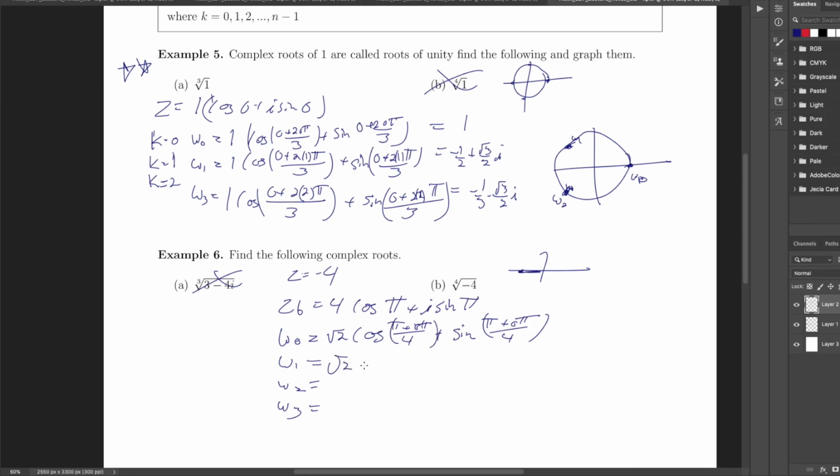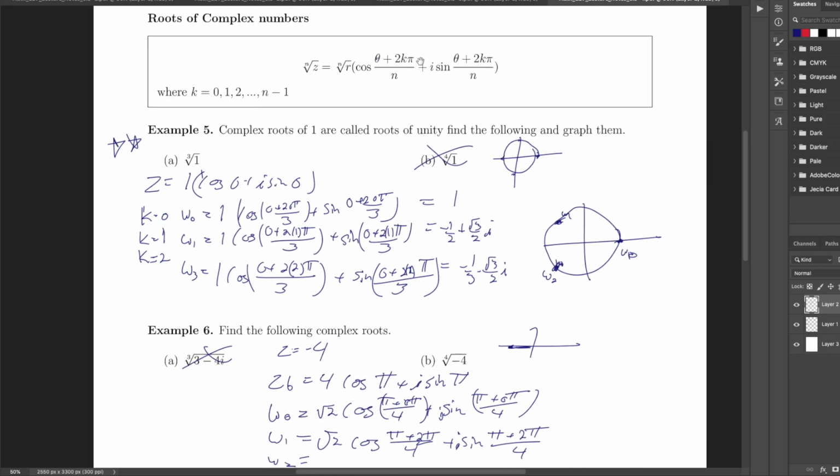Here we'll have square root 2 times cosine of pi plus 2 pi over 4 plus, oops, I forgot my I, sine of pi plus 2 pi over 4. Where am I getting the 2 pi over 4? Right here. So 2 times 1, so it will be 2 pi over 4.